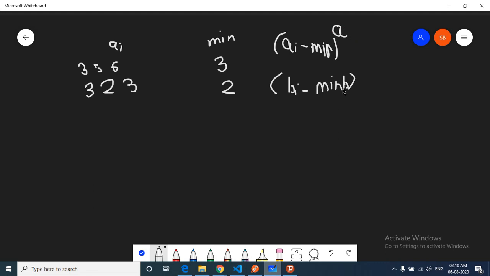Now you have found both the operations. Let's assume for this gift you have to do 3 operations, for the last gift 3 operations, and for this one 1 operation.